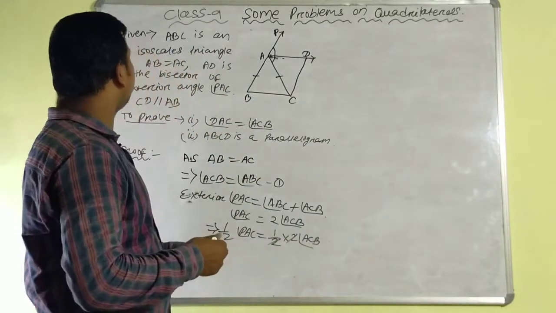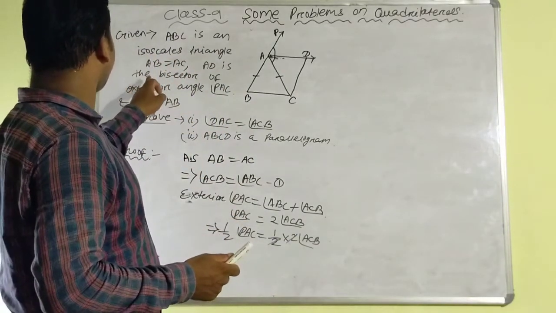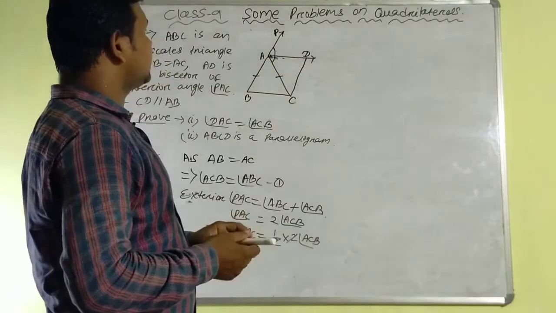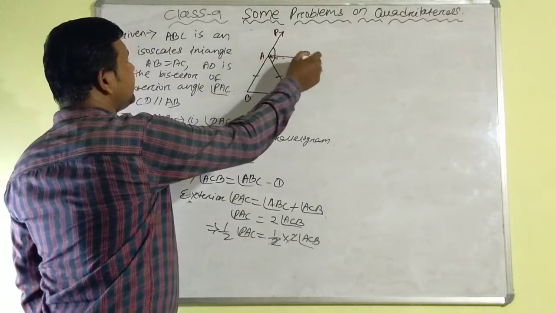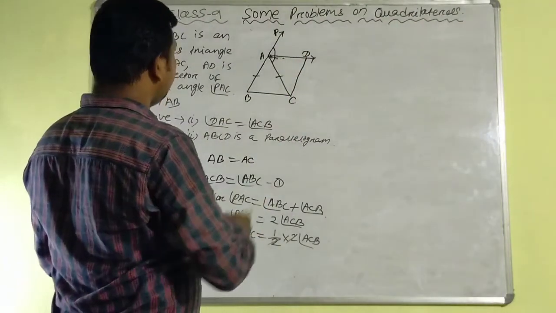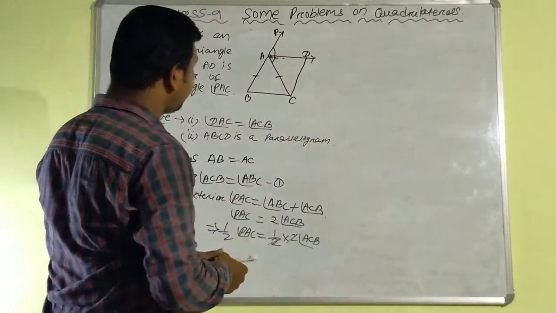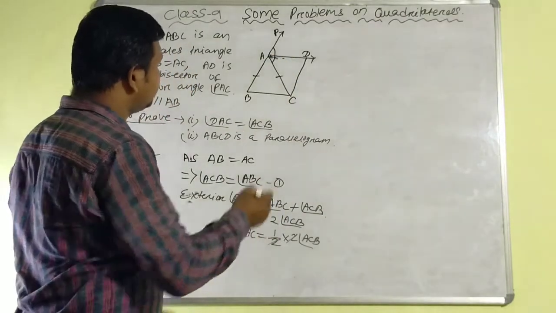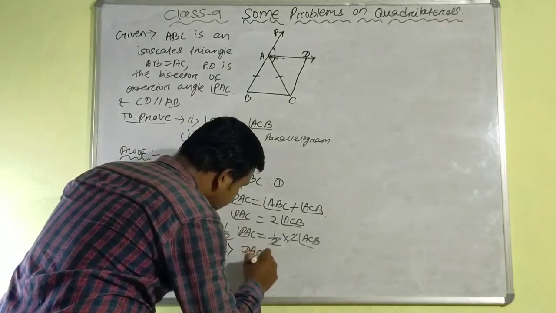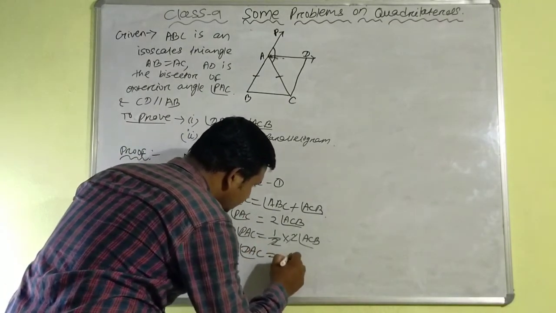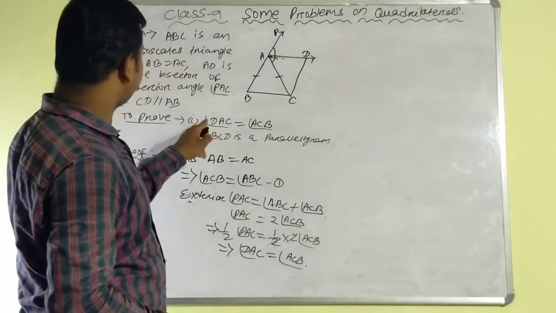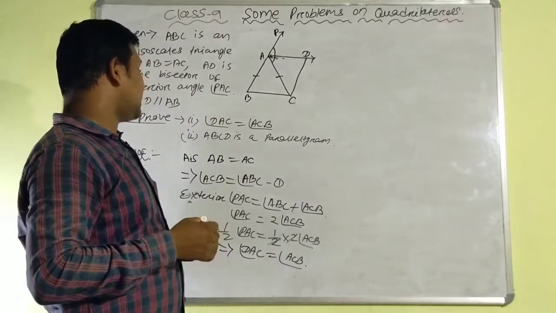So you know here given AD is the bisector of exterior angle PAC. That means angle PAD equal to angle DAC. So half of angle PAC we can take as DAC. So we can write angle DAC equal to ACB. Okay, which is the proof of point 1.